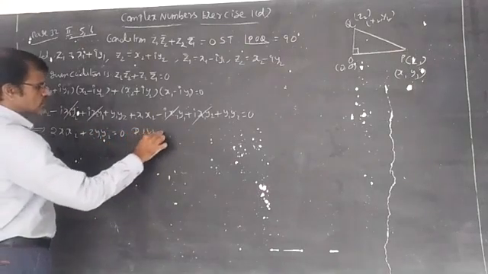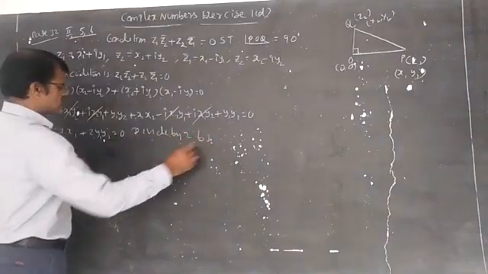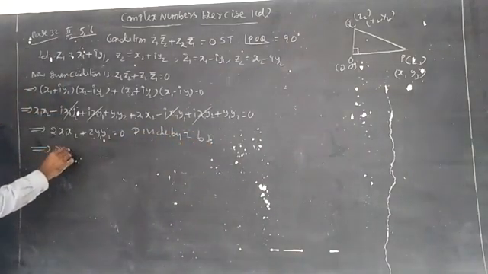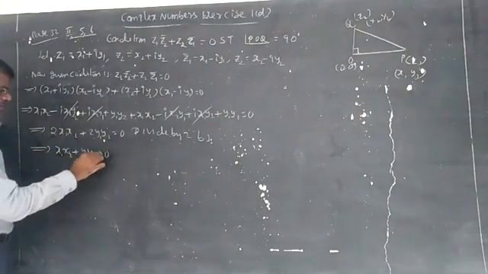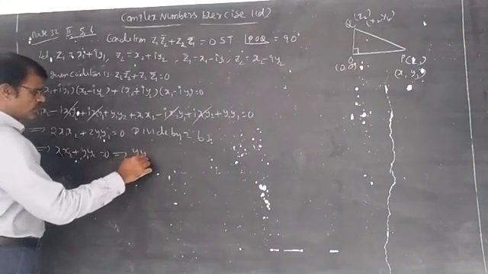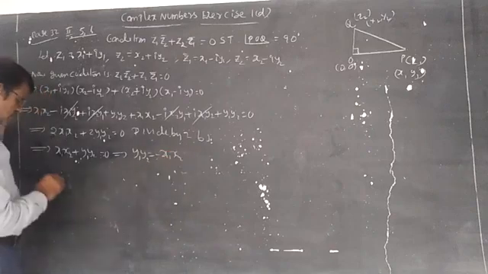Divide by 2 on both sides. That implies x1 x2 plus y1 y2 equal to 0, so y1 y2 is equal to minus x1 x2.